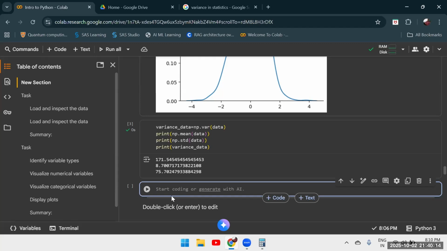If I'm tossing a coin, either I get heads or tails, so it helps me understand what the percentage or probability of heads or tails will be.